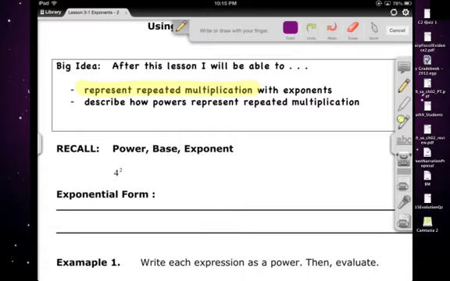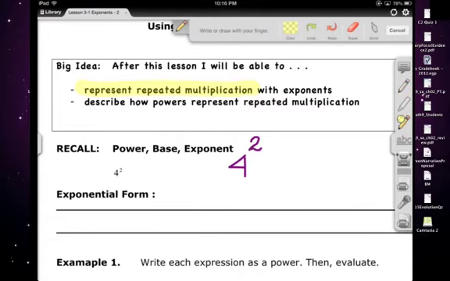So in this case, you're looking at 4 squared. I'm just going to rewrite that. You've got 4, and then you've got this funny looking number that goes up in the air like this. So, a little anatomy lesson. What is this in its exponential form?